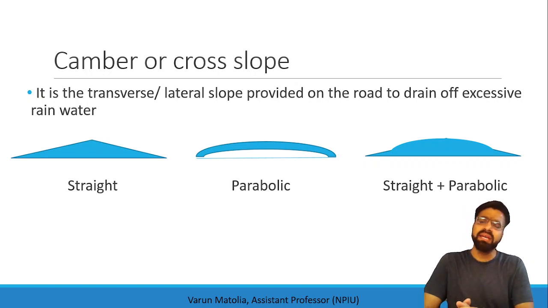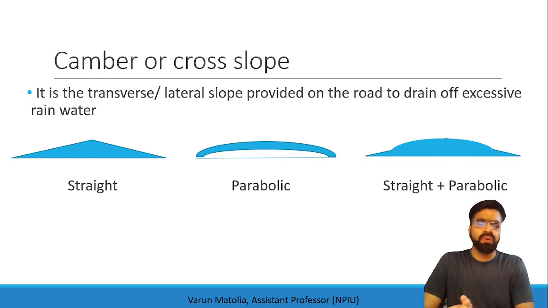So a very gentle slope is provided in this transverse direction in order to drain off rainwater. The purpose of providing this slope is to allow rainwater to drain off and to stop it from going into the subgrade. As you know, when water is added into the soil, it loses its bearing capacity.